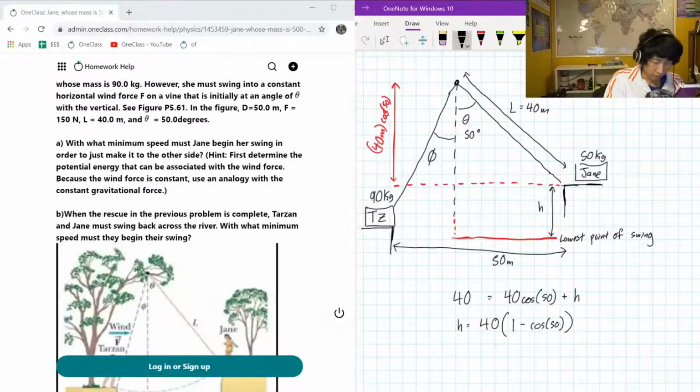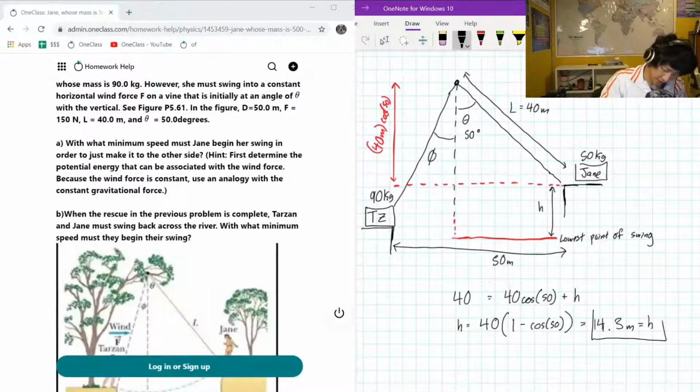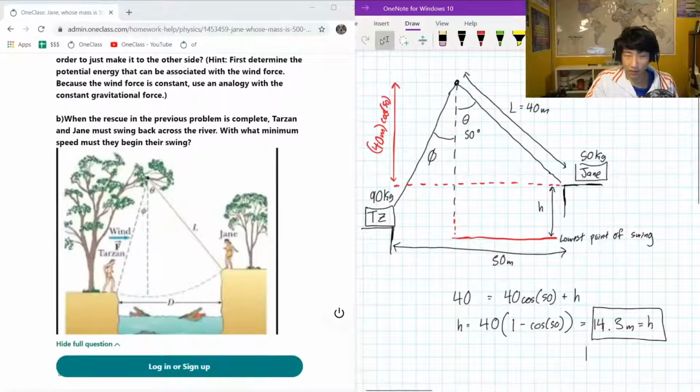Multiplied by 40 meters, we got 14.3 meters. Okay, this will be our h value. Now this h value here is going to be useful. Okay, it's actually a fairly tough question.